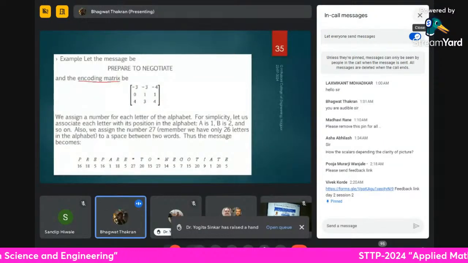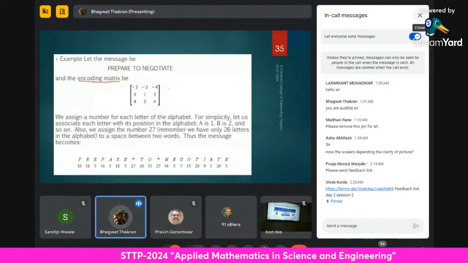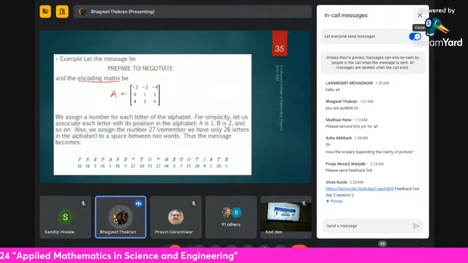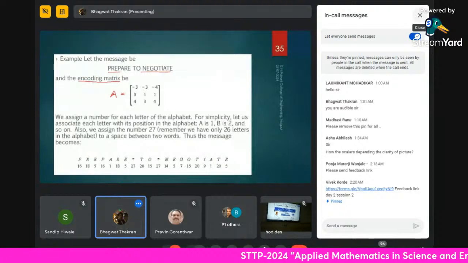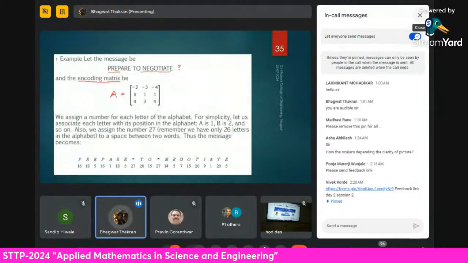If we know the encoding matrix, then its inverse. So this is my encoding matrix A, and let's say this is my message: preparation to negotiation. This is my coded message which I need to send to another party.